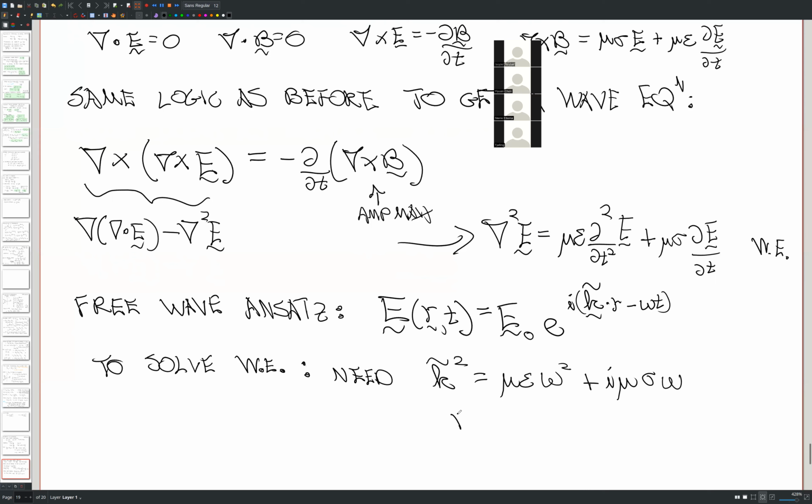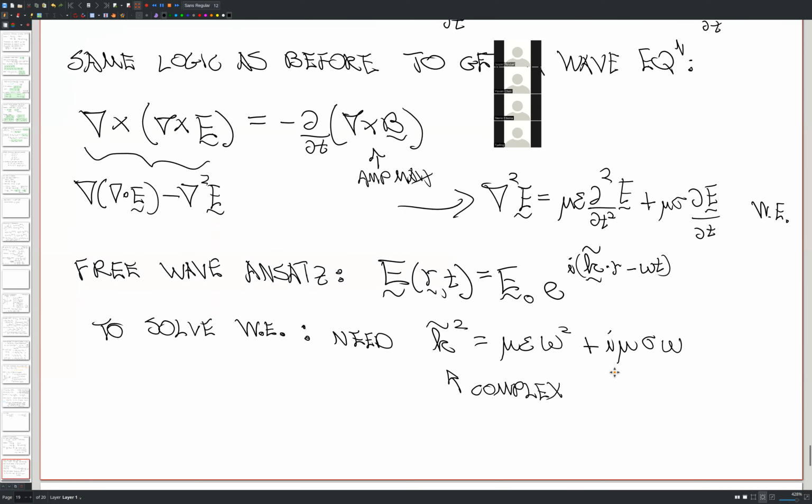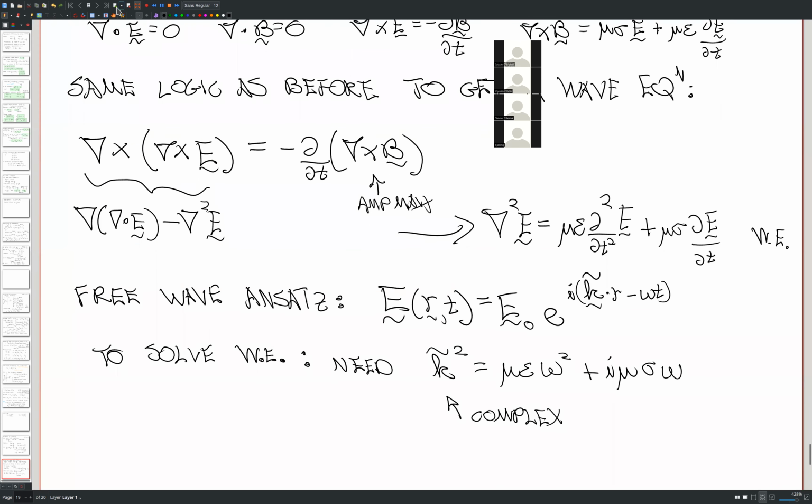Okay. So this k is now complex. Okay. And actually, I don't have the time to do the whole derivation here.